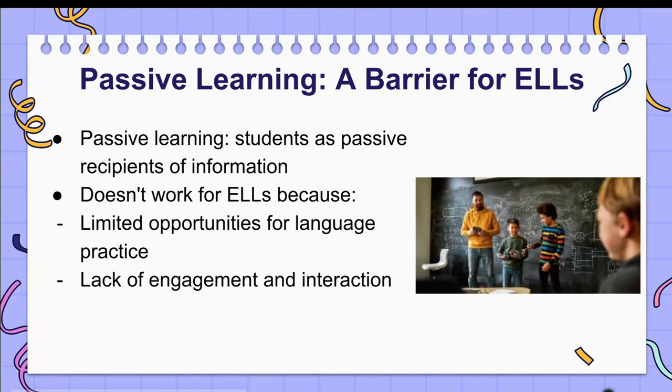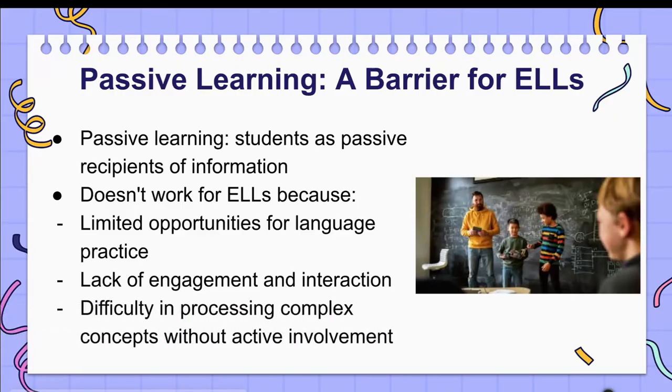Secondly, passive learning often leads to lack of engagement and interaction. For ELLs who are still developing their language skills, this can be particularly demotivating. Lastly, ELLs may have difficulty processing complex concepts without active involvement. Algebra 2 is challenging enough in one's native language. Imagine trying to grasp these concepts while also navigating a new language.